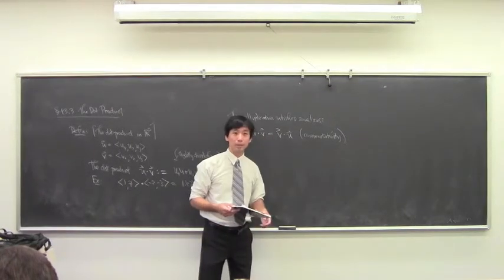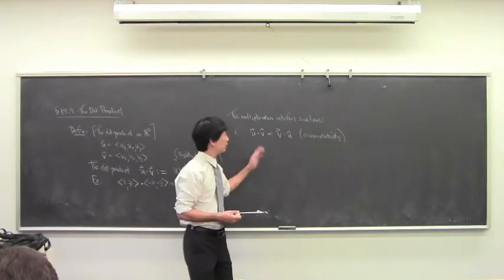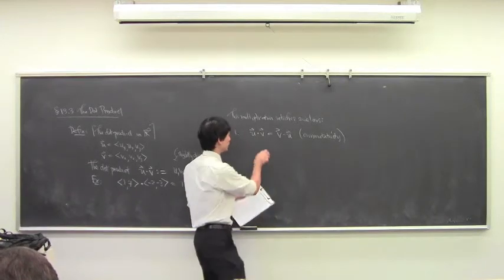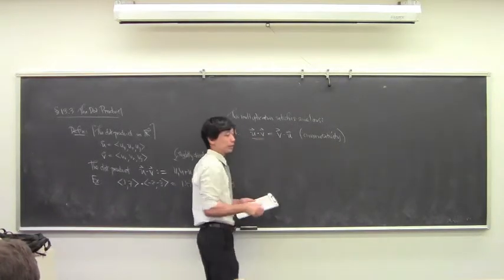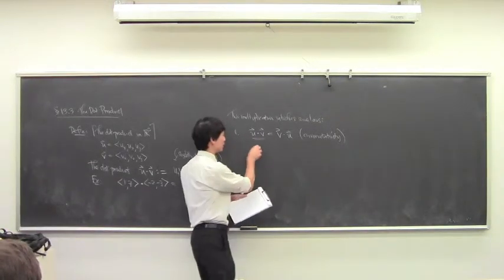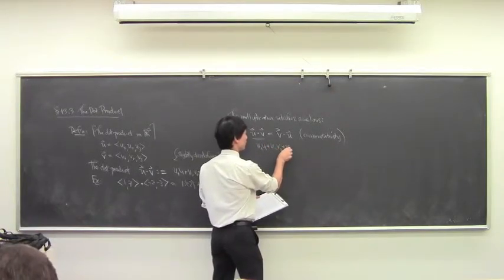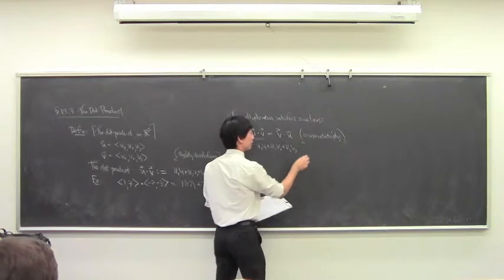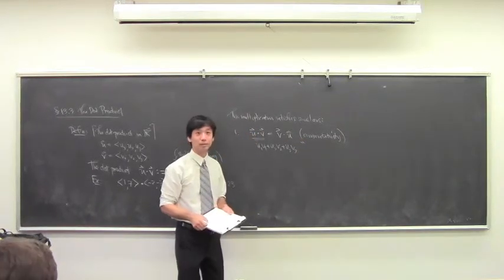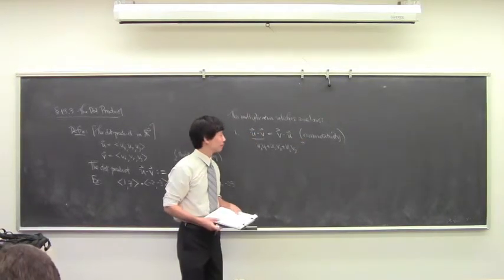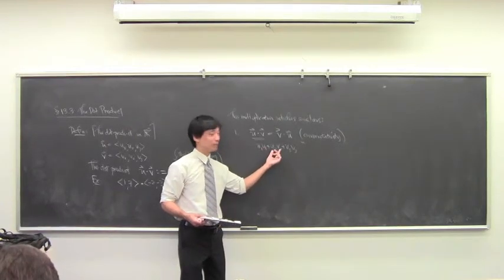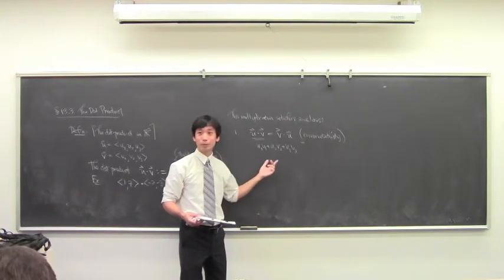And why is that true? Let's think about it. On the left, we've got u dot v. That's going to be u1 v1 plus u2 v2 plus u3 v3. And on the right, you're going to have v1 u1 plus v2 u2 plus v3 u3, which are the same thing.